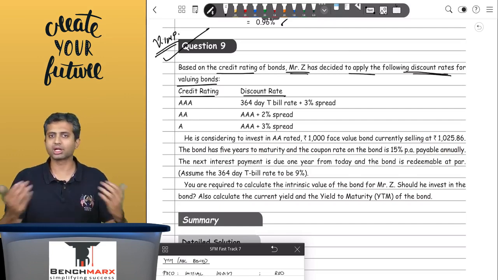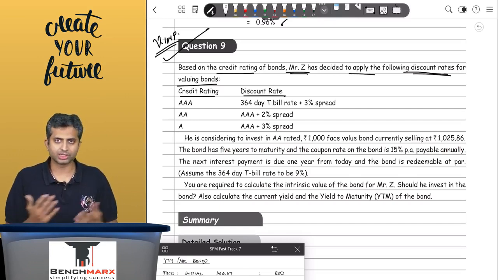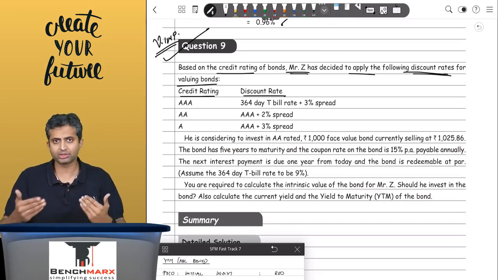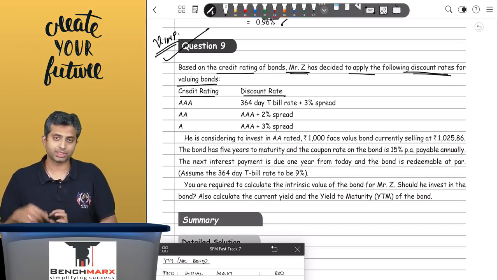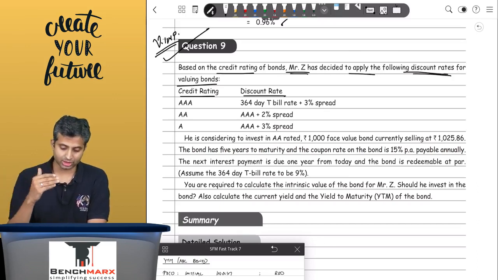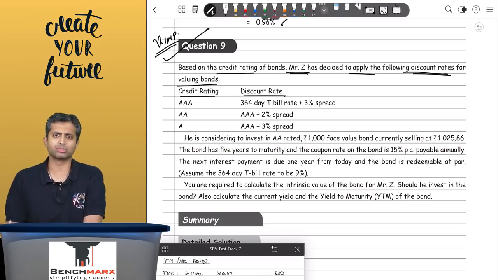Government can print the currency, and hence government technically will not default, at least on local currency debt. And hence you will have 364-day treasury bill rate, that is a government bond rate, plus 3%, which means then you will be, let us say, requiring 13%. So this is 10 plus 3, for example, if the 364-day treasury bill was 10% rate.